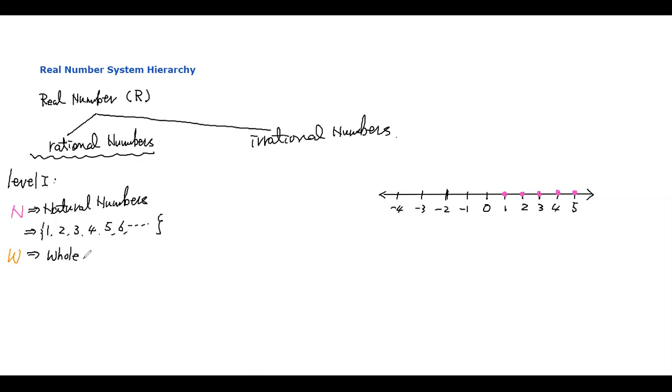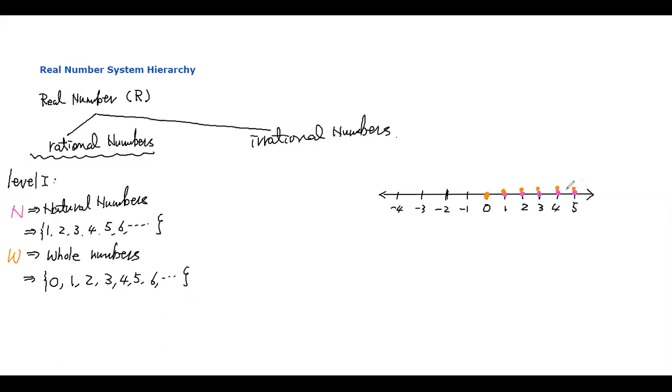The whole numbers were discovered after people recognized there is a number called zero. So the whole numbers include zero: 0, 1, 2, 3, 4, 5, 6, and so on.